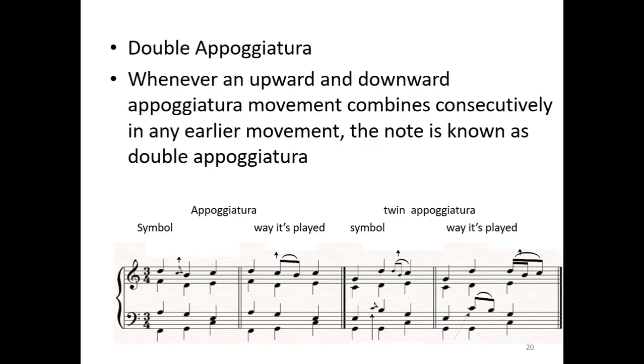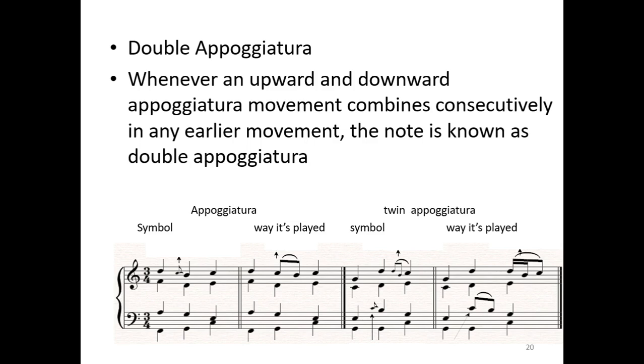And here now we are talking of a double Appoggiatura, and that is when it combines the movements to any other earlier movement, and the note is known as a double Appoggiatura. So we just talked of an Appoggiatura. Now if there is an upward and downward movement, it is called a double Appoggiatura.